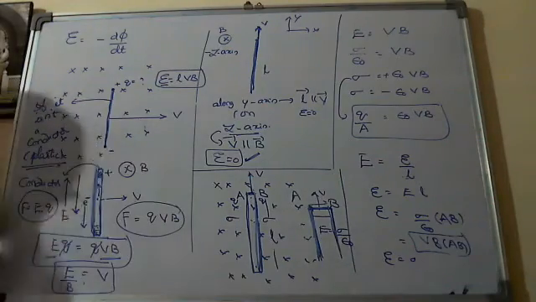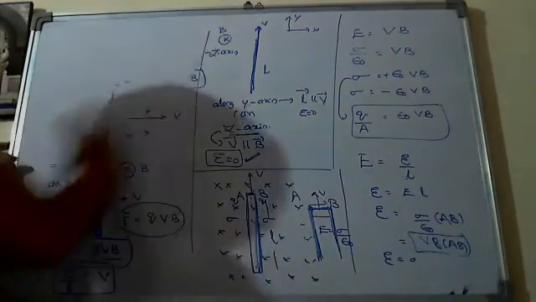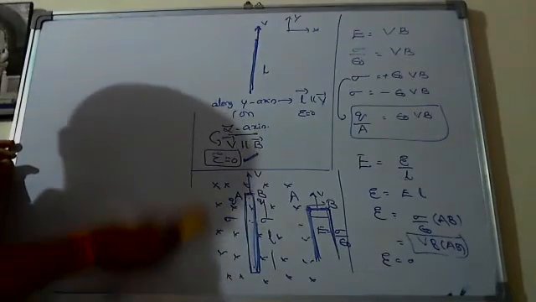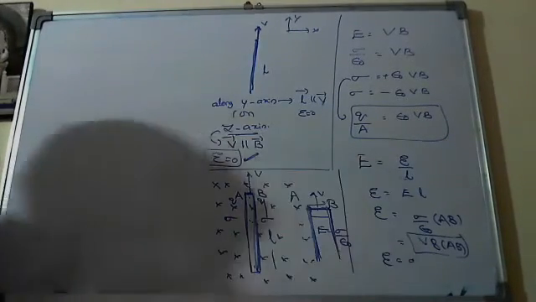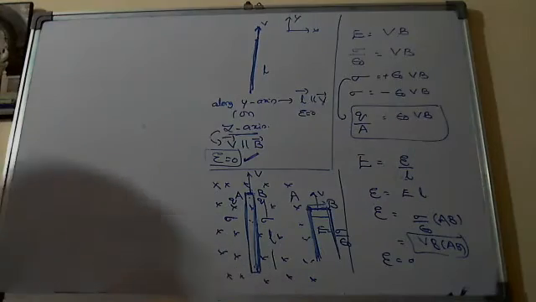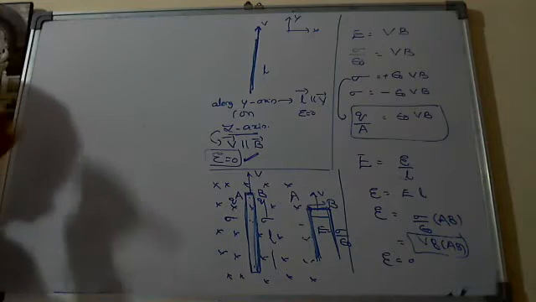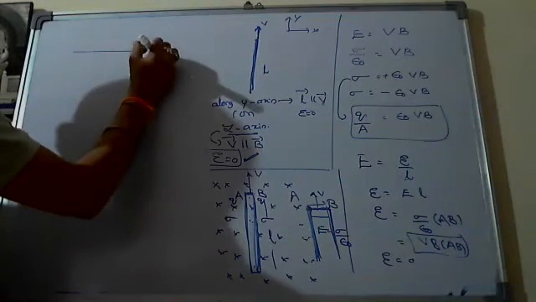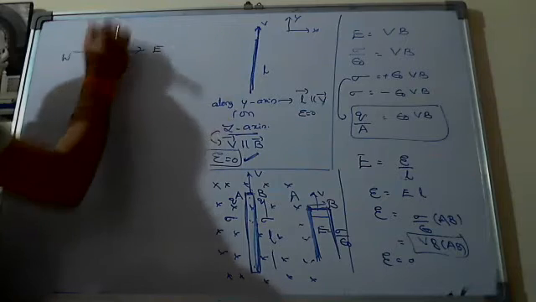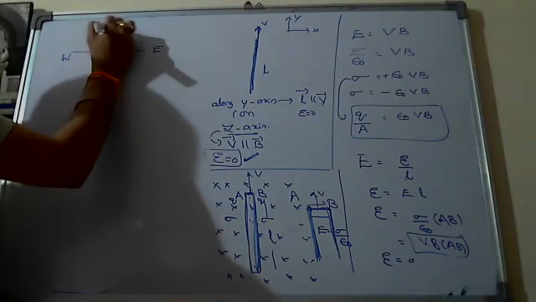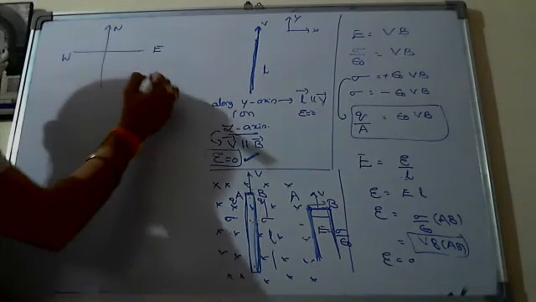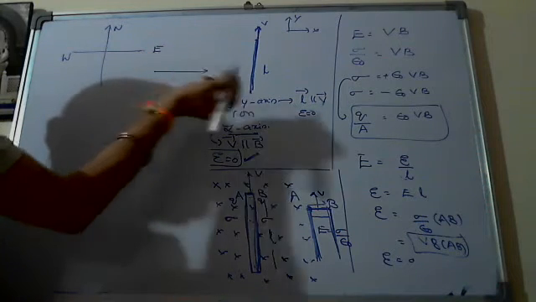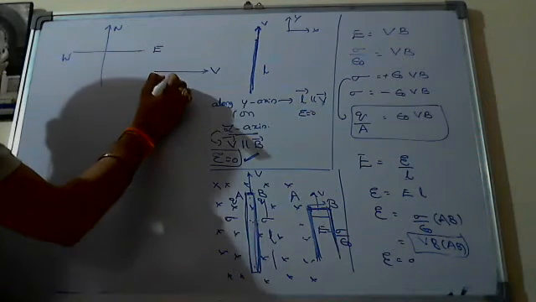Okay, this is the motional EMF concept. In this concept, suppose they ask a question related to an aeroplane flying horizontally, in the direction of east, or in the direction of north to south, in any direction. Suppose the aeroplane is flying towards east with a certain velocity.